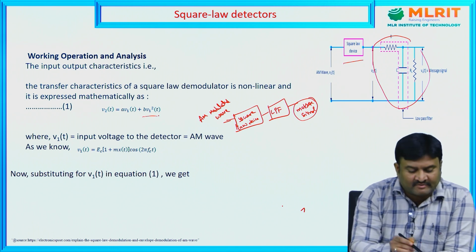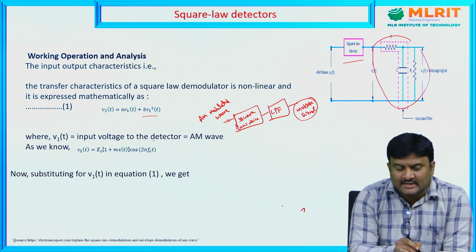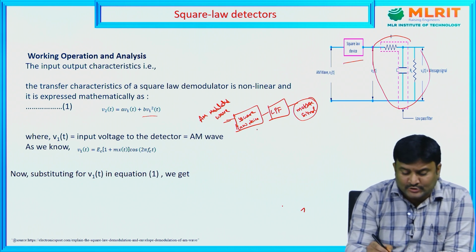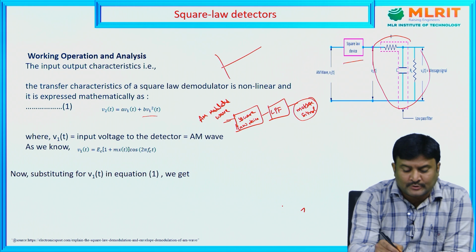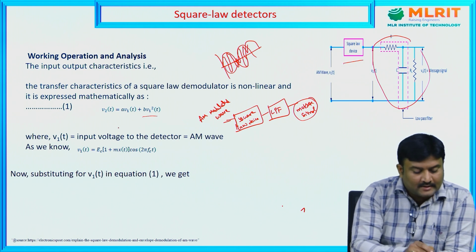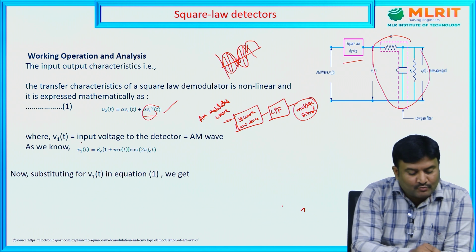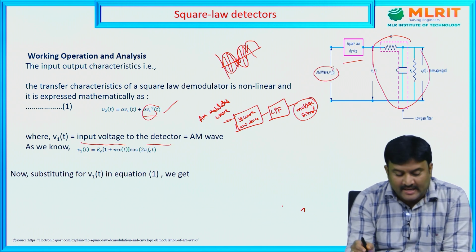That's why we get the square term. Where V1 of t is the input voltage to the detector, nothing but the amplitude modulated signal. We know V1 of t is the AM wave.